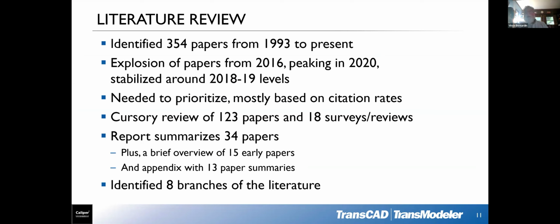There really was not a whole lot, though, until beginning in 2016, because in 2015 there was a Kaggle competition where they used taxi TNC data, and following this there's an explosion of interest in what we call destination choice in the data science community.